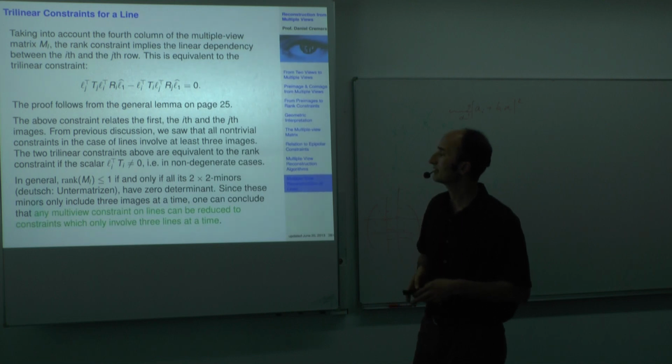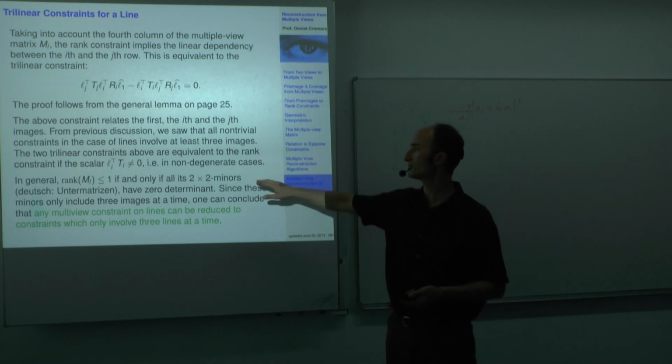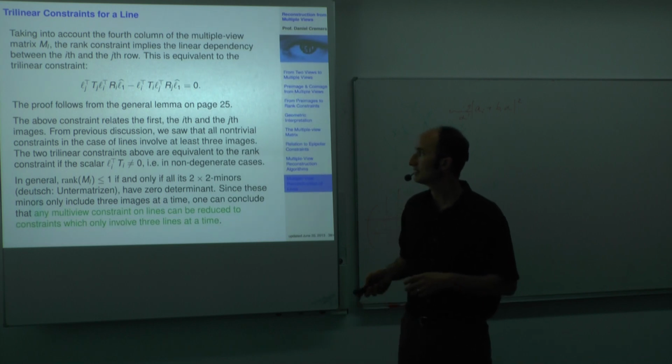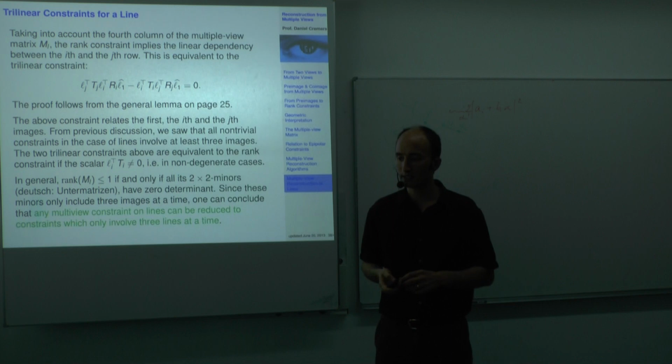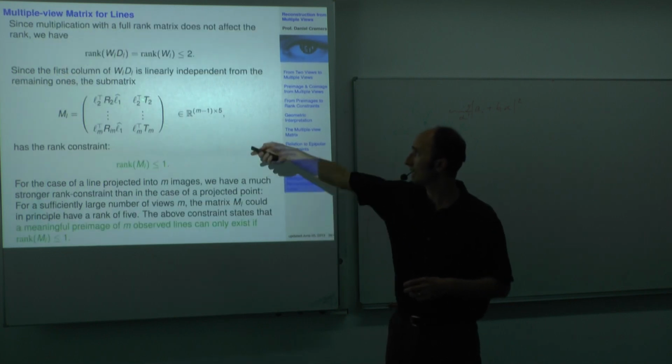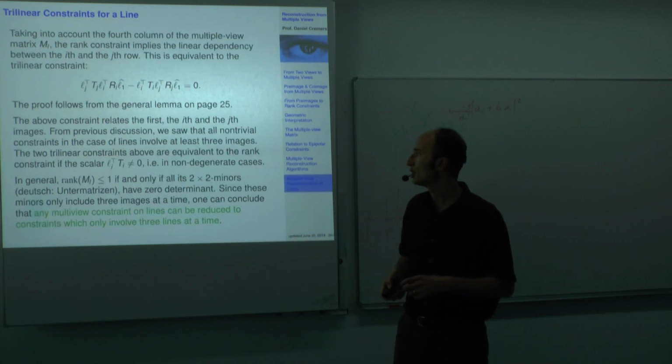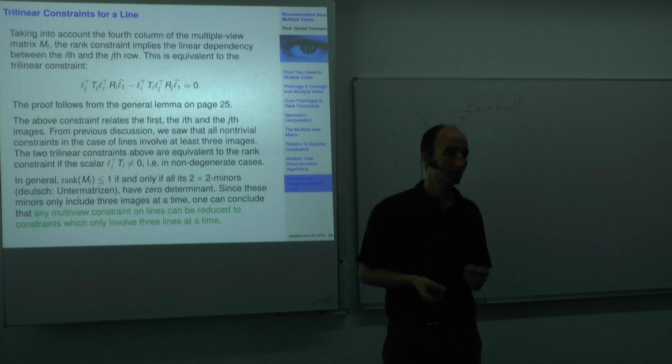And the interesting thing is, if you exploit that property of ranks of matrices in this setting, then what you can show is that if you look at these 2x2 minors here, you scratch out various rows and columns, what you find is that the constraints only depend on 3 images at a time.